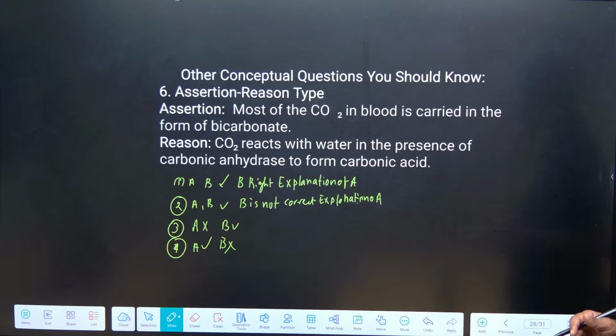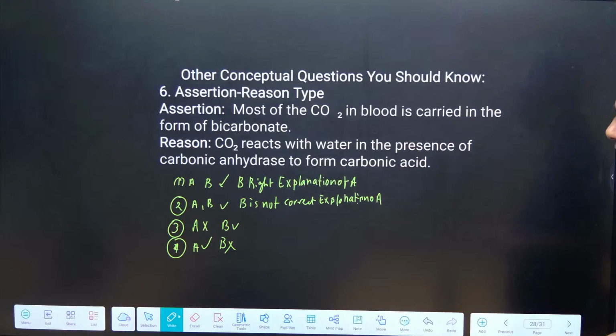Both correct is okay, but whether it is the right explanation or not is the difficult question for you guys. If you know the concept exactly, that is okay, but it is a time-consuming question.